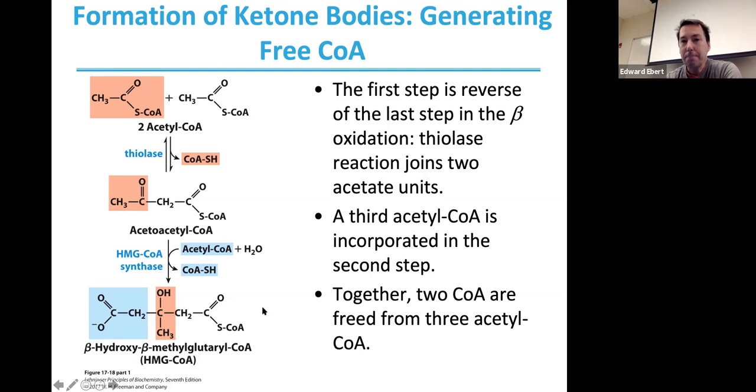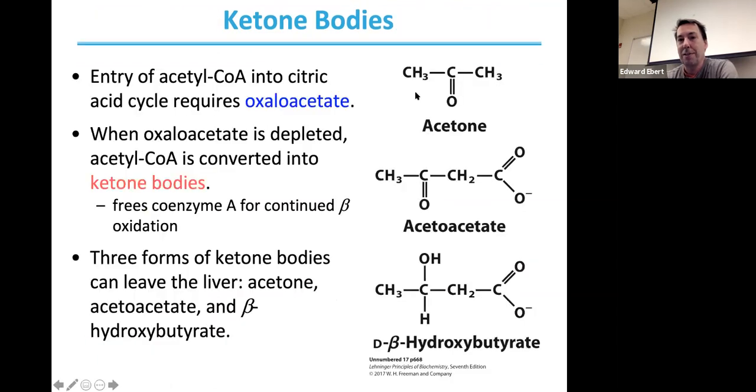So essentially, we are kind of reversing the last step in the beta oxidation. We join together two acetate groups. Instead of making all these 2-carbon units, we're going to take the last two we made and put them back together. And sometimes we can put a third one in there. But the idea is we can make these 3-carbon, 4-carbon, or variant 4-carbon units.